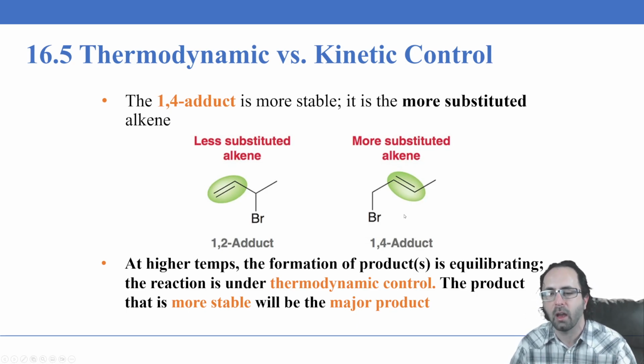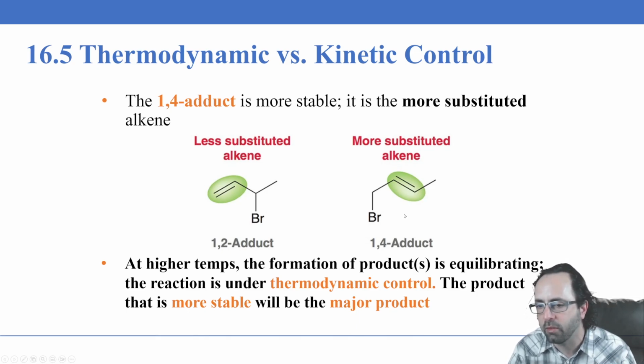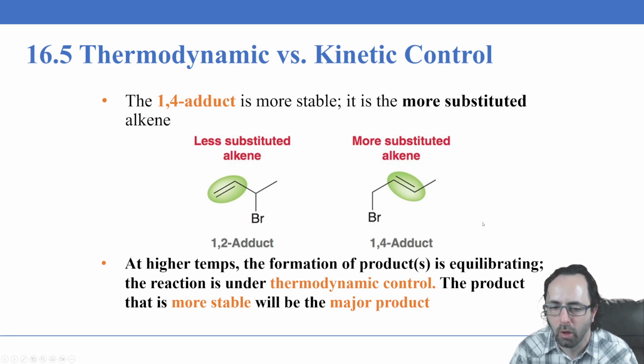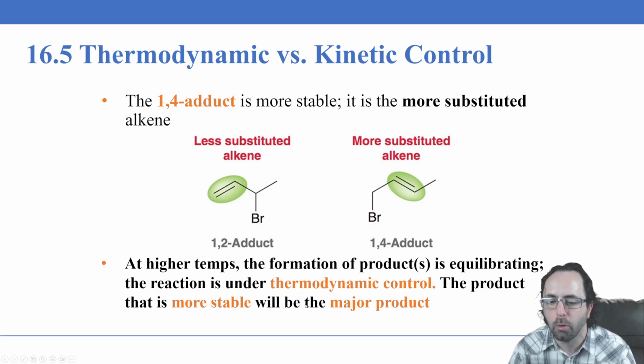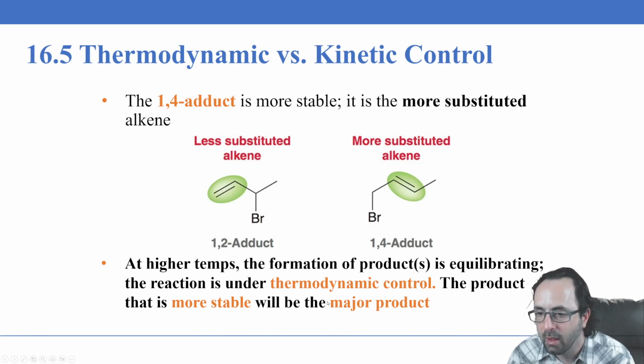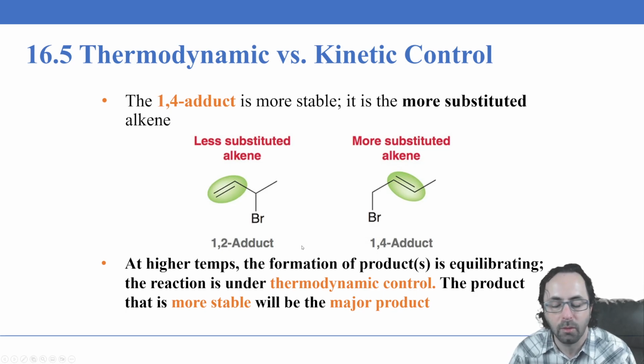So if the temperature is higher, more of the molecules will have sufficient energy to reach the higher energy transition state, and they will produce the more thermodynamically stable product. So at higher temperatures, the reaction is under thermodynamic control. It will produce a more thermodynamically stable product. However, at lower temperatures, the reaction is more kinetically controlled and will produce the product that has the more stable transition state.